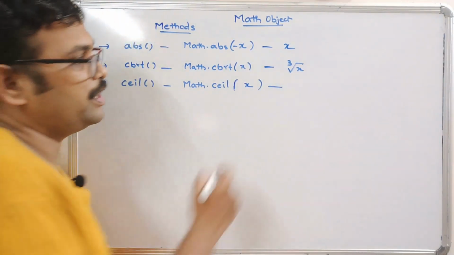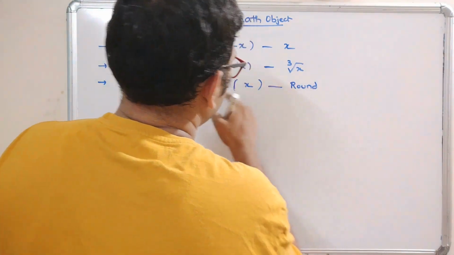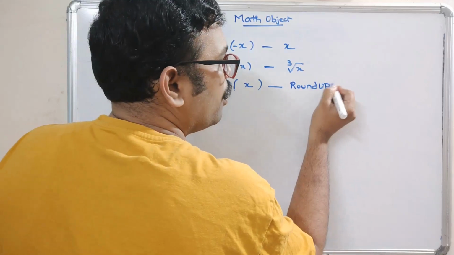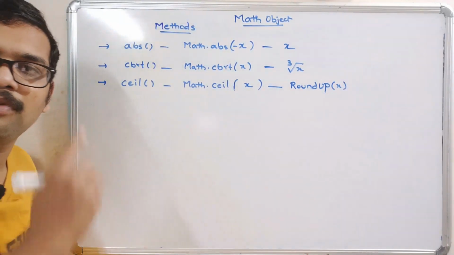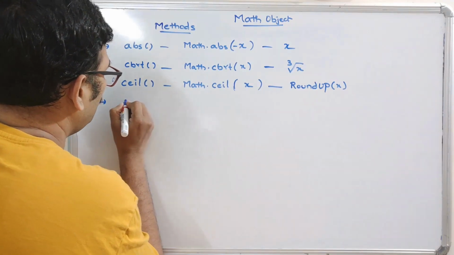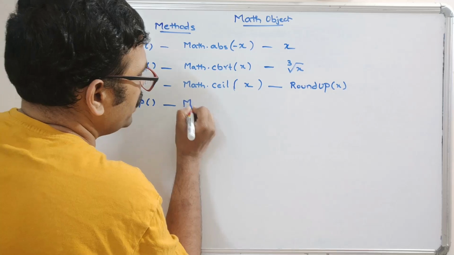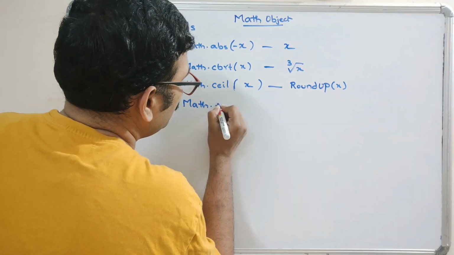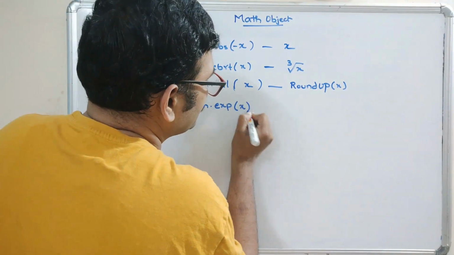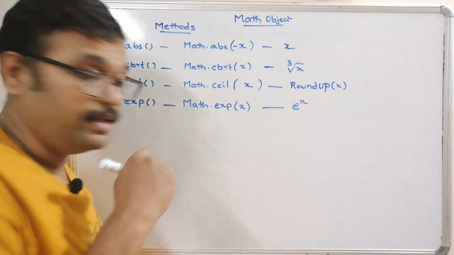It will automatically round up. Math.ceil of x will return the round up of x. Then exponential: Math.exp of x. It will give e power x.